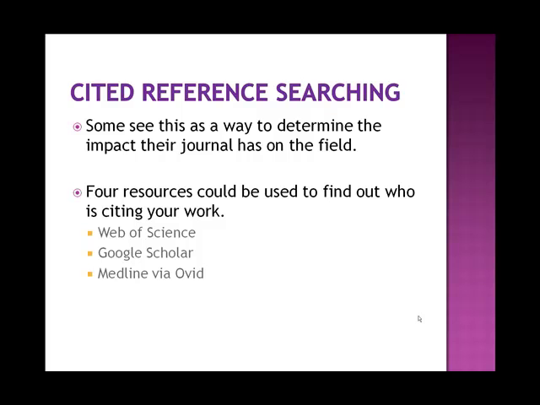You can also look at Medline via Ovid for cited references. Keep in mind, though, that the only articles they include are articles that occur in journals at Ovid. And last, there's CINAHL via EBSCO, which is the Nursing and Allied Health Database. And again, this one isn't as accurate as Web of Science or even Google Scholar, but it's another place that you can look if you didn't find your article in the first 2 resources.